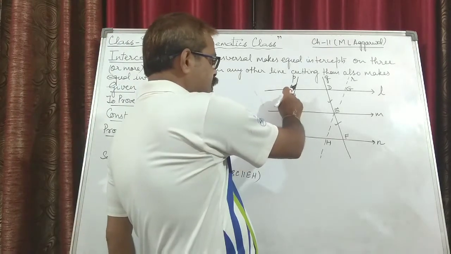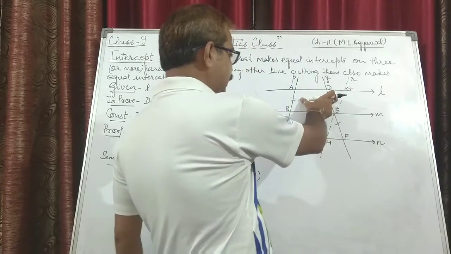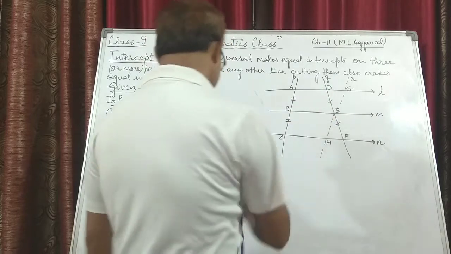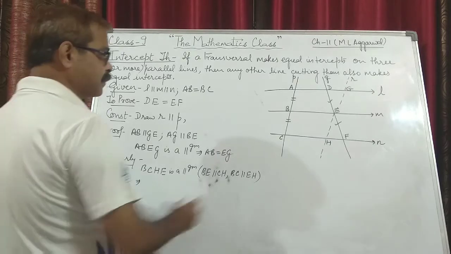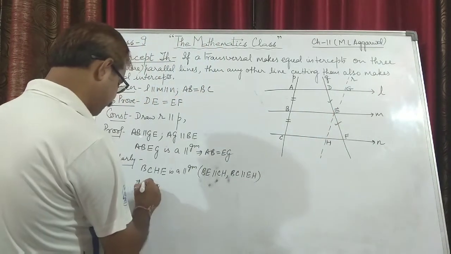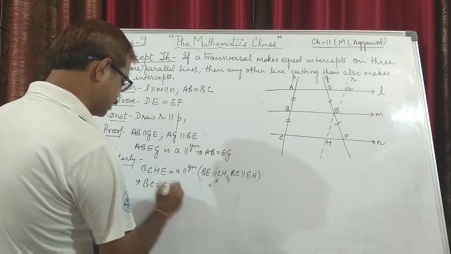So AB, side opposite to AB is GE. So these will be parallel and equal. It means AB is equal to EG. Similarly, since BCHE is a parallelogram, we can say BC is equal to EH.